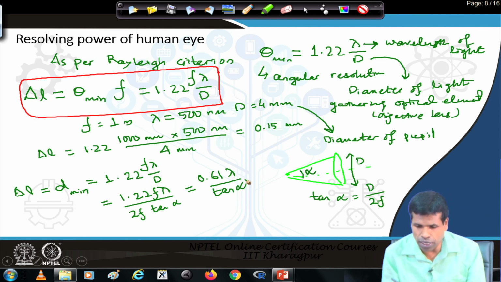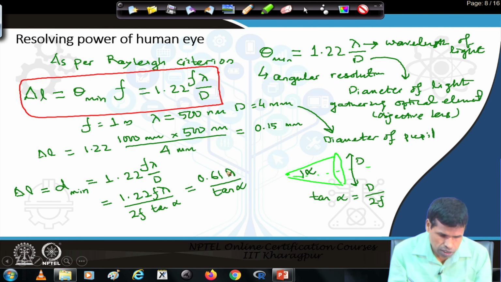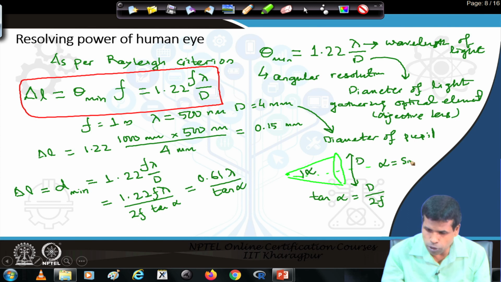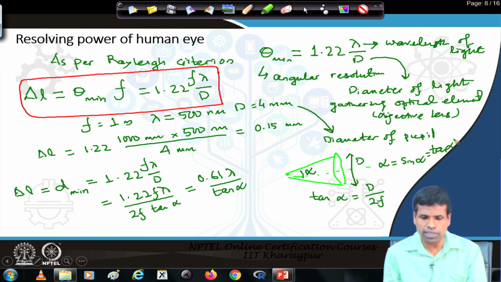Here alpha is the angle of aperture, or we can say the half angle of the cone of light from one of the objects. This alpha is very small, so tan alpha is approximately equal to sin alpha, and we also have the refractive index mu of the medium between the objective lens and the object.